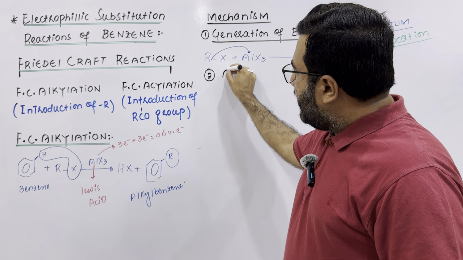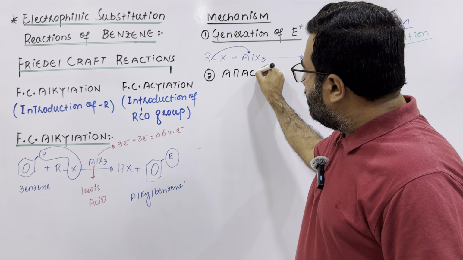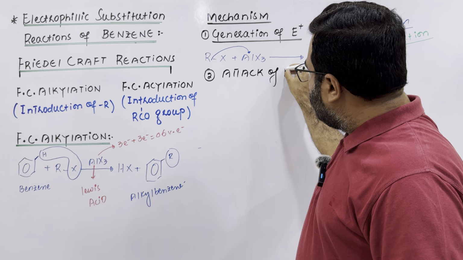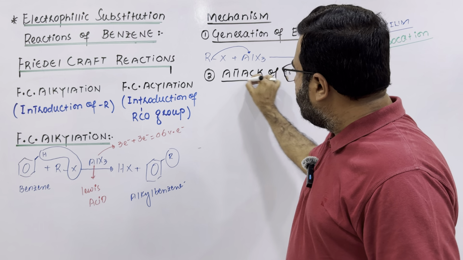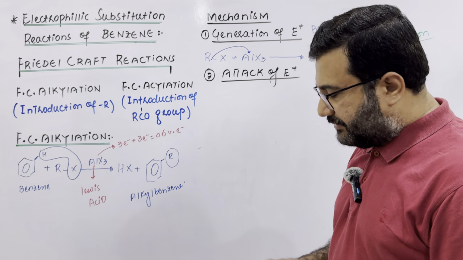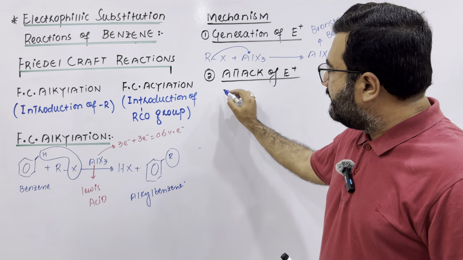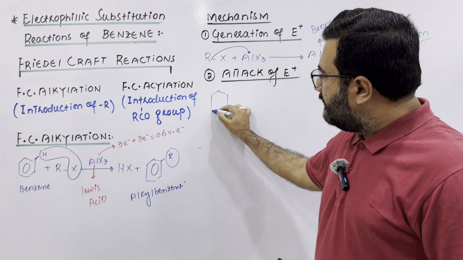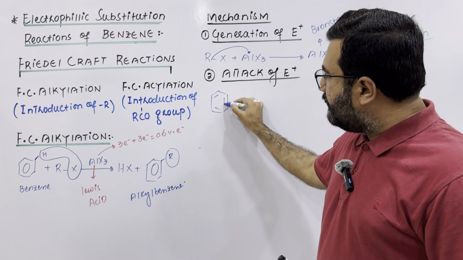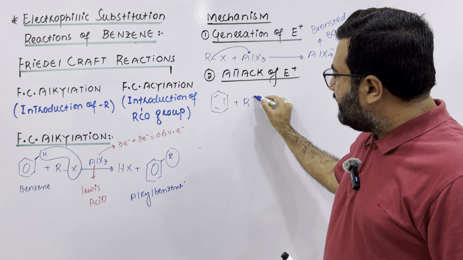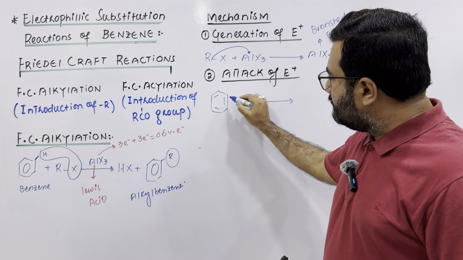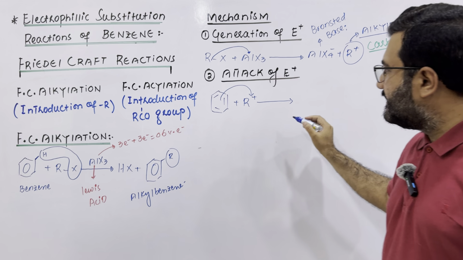The second step is the attack of the strong electrophile on benzene. When this strong electrophile attacks the benzene, a cyclic carbocation is generated.